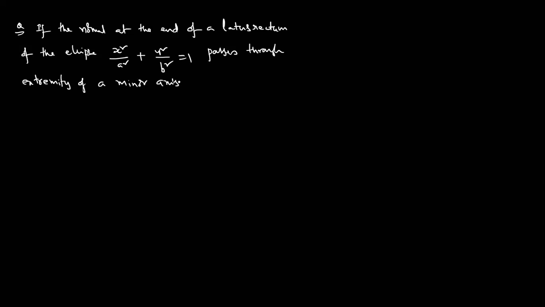That means the end point of the minor axis. Then prove that e power 4 plus e square minus 1 is equal to 0. How?